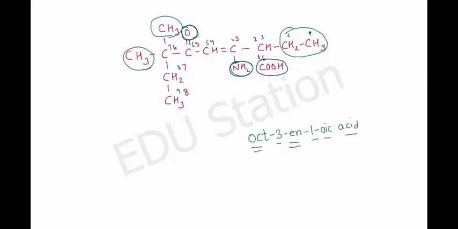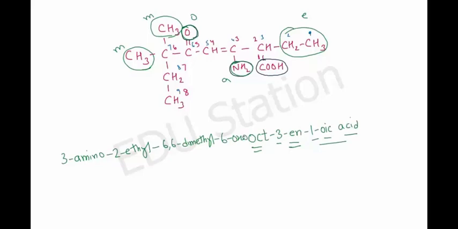Word root, then functional group. Now you're left with 2 methyls, keto, amino and ethyl. So A, E, M and O alphabetically, so it will be 3 amino, 2 ethyl, 6,6 dimethyl, 6 oxo.